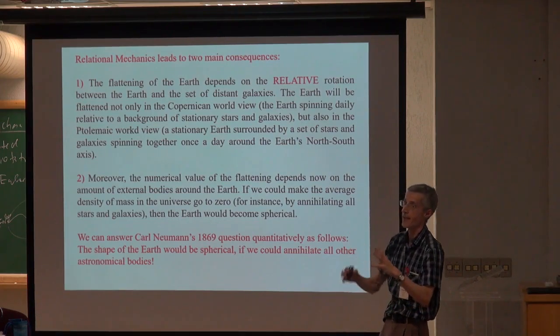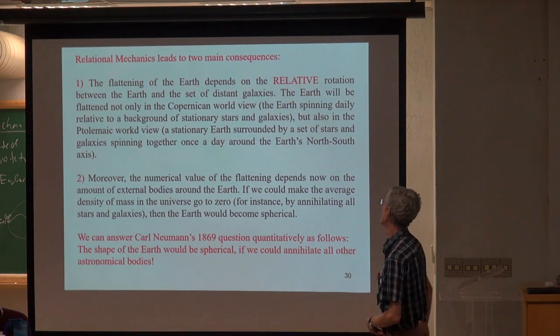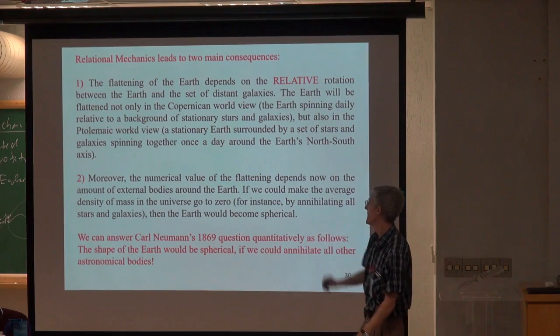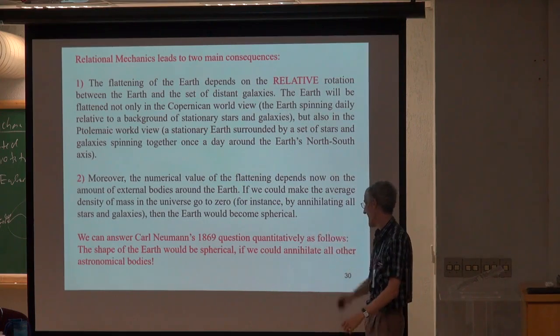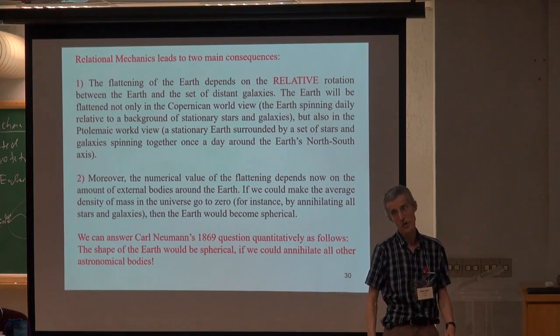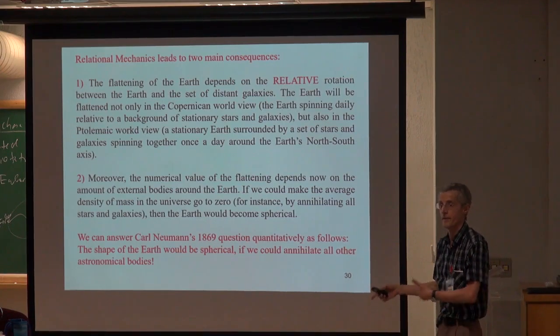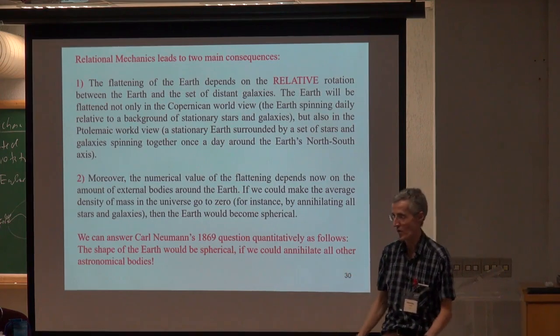According to Newton's mechanics, it will remain flat. The shape of the Earth would be spherical if we could annihilate all other astronomical bodies. But we cannot make the experiment, so we don't know who is right, who is wrong.